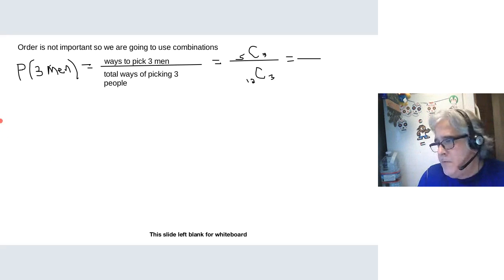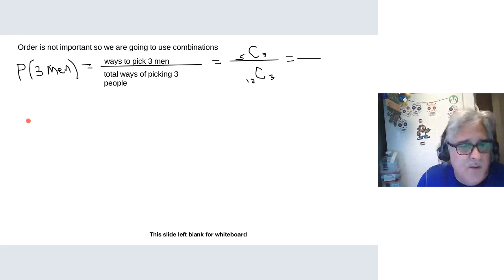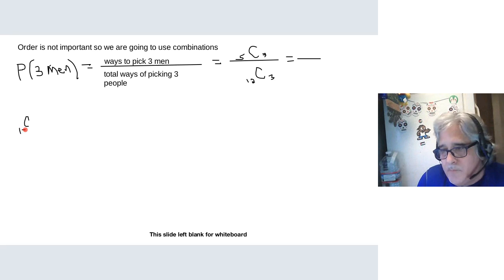Generally speaking, I always do the denominator first. It's the larger one, so let's do that. So 12 minus 3 is 9. And then we got the extra 3 factorial there.